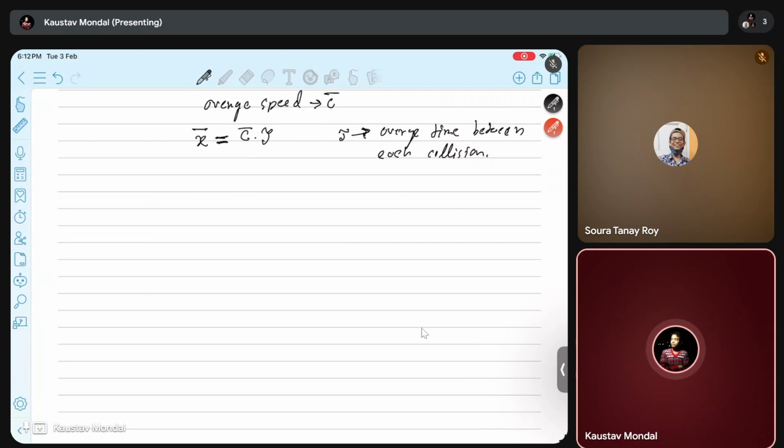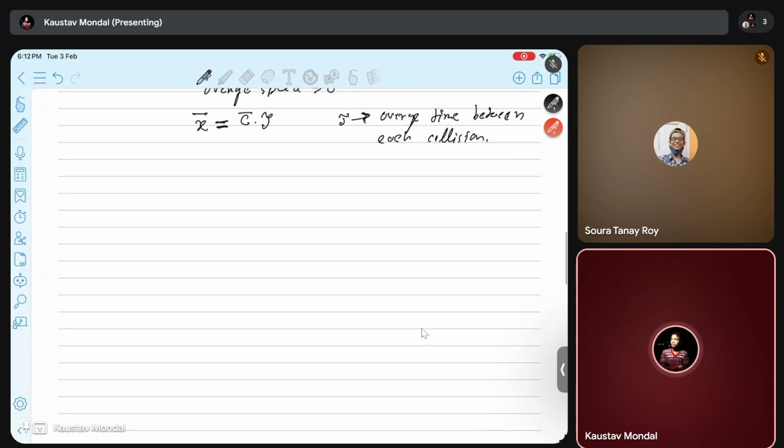We assume that dn1 number of molecules have a free path between x1 to x1 plus dx1. dn2 number of molecules have a free path from x2 to x2 plus dx2.